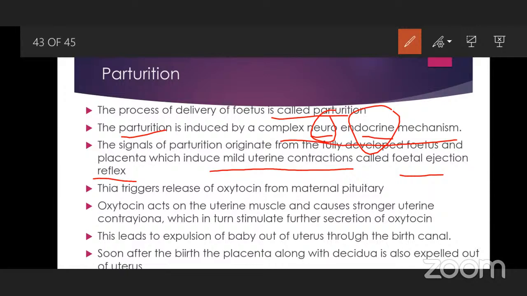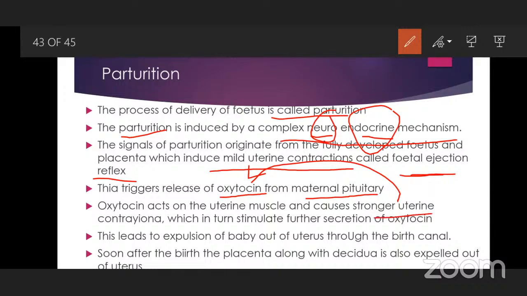Due to this fetal ejection reflex, the release of oxytocin hormone from the maternal pituitary is triggered. That is, from the pituitary gland, oxytocin hormone will be released, which gives the fetal ejection reflex. Then oxytocin acts on the uterine muscle, and it causes strong uterine contraction.